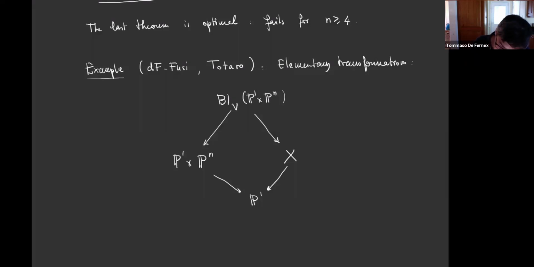So now what we're going to do here is allow a bigger dimensional fiber. So this map here is going to be the blow up of a smooth hypersurface V inside a fiber.